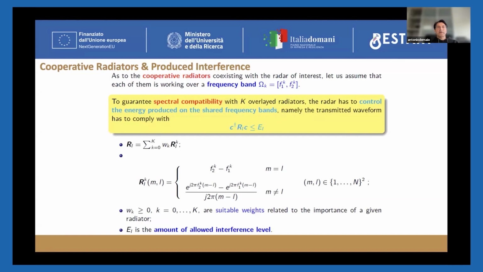It is important to observe that both the weights and the maximum interference level depend on the spatial location of the RF systems, in addition, of course, to the demanded quality of service.